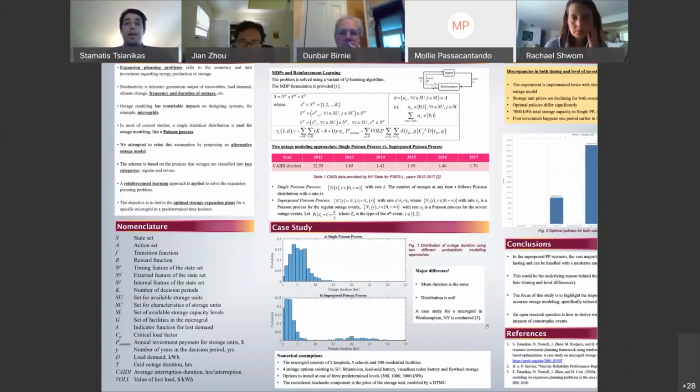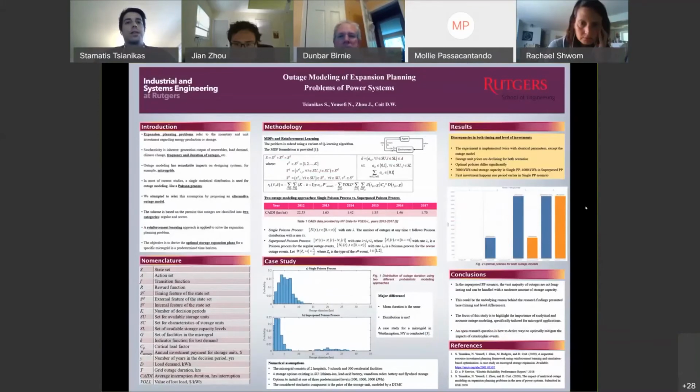Our goal is to study how this distribution change will affect the optimization results. Now, for our case study, we studied a microgrid in Westhampton, New York, and we got real, location-specific meteorological and load demand data. We consider a microgrid of these facilities in my numerical assumptions: 2 hospitals, 5 schools, 300 residential facilities. The planner has basically 4 storage options.